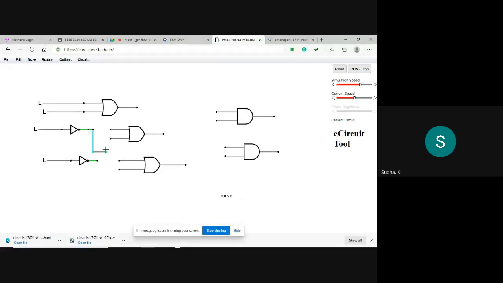This B complement is shared by this gate also. If I give the connection like this, a bad connection will not come. So this is my B complement shared between the two OR gates. There are 3 OR operations: A plus D, B complement plus C complement, B complement plus D. So I am sharing that B complement. Finished that?